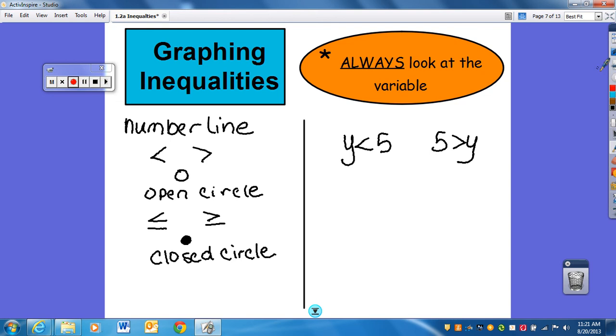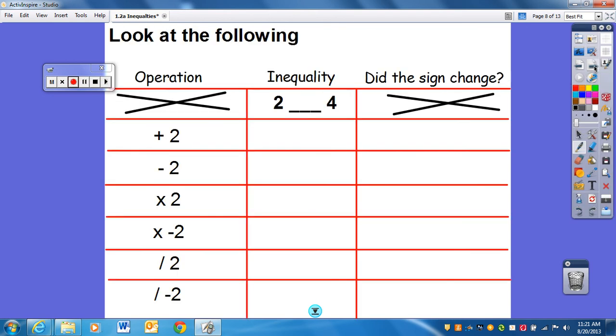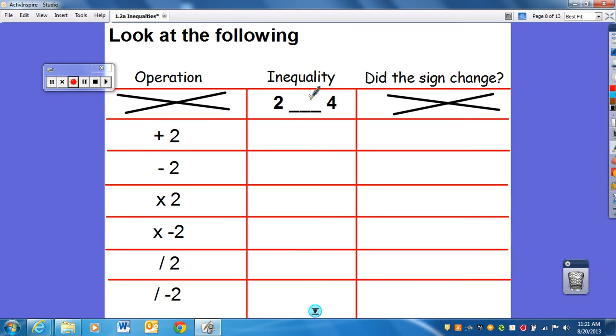So let's take a look at a couple more examples before we start solving inequalities. Let's take a look at this chart. What I want to do is fill in the chart, and then we're going to see if anything happens to the inequality symbol when we do some math operations. Let's take a look at the first one. 2 compared to 4.